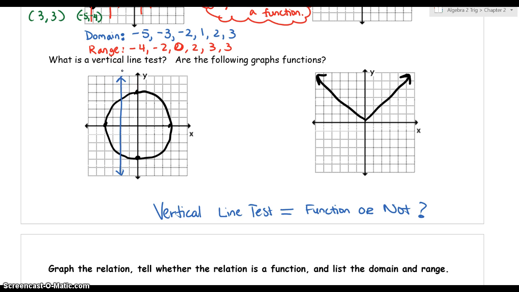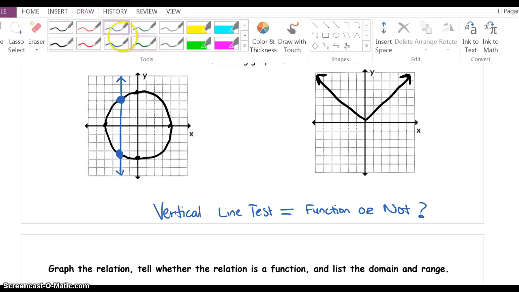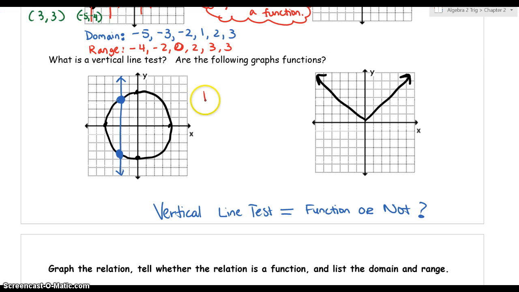I'm going to stop right there because I could tell that this one line I drew has 2 points on it. Therefore, I have failed the vertical line test, because it's supposed to be one line, one point. Well, I got one line, two points. Therefore, the relation is not a function.